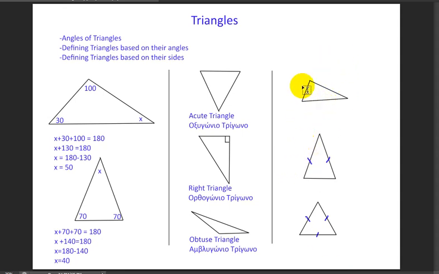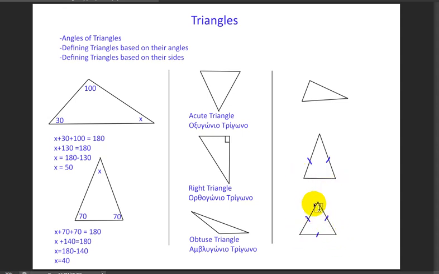Next up, we're going to talk about triangles based on their sides. When you see a triangle that has these little lines through its sides, what that means is that the sides with the lines through them are equal. So here, this side and this side are equal, whereas the bottom side is different.